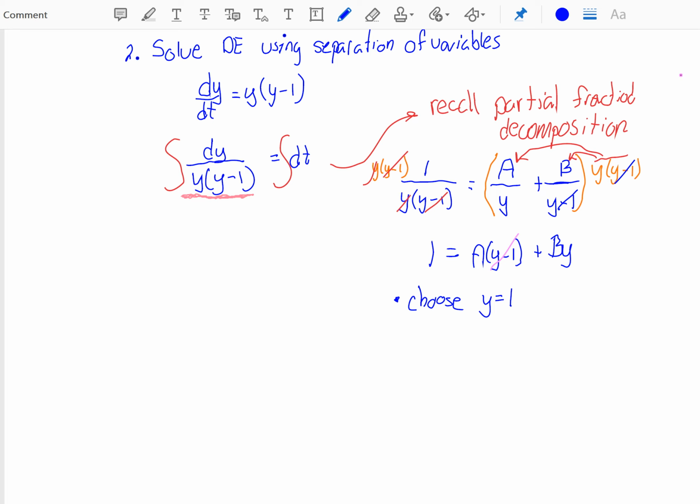So we end up getting 1 equals, if y is 1, this is 0, and 0 times a is 0. If y is 1, this just gives us b is 1, and we have our first constant.